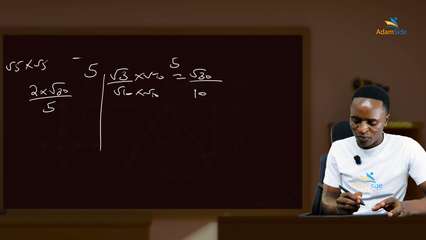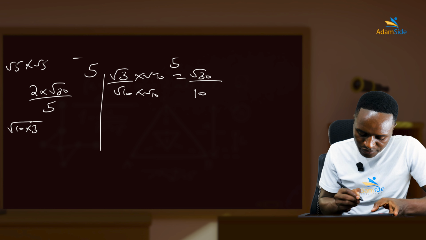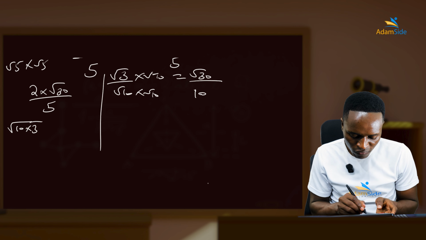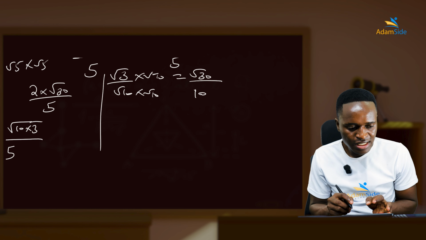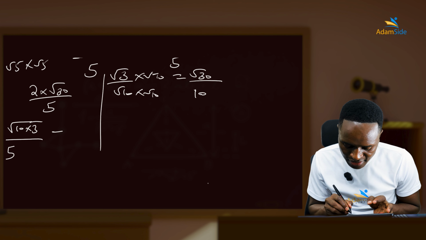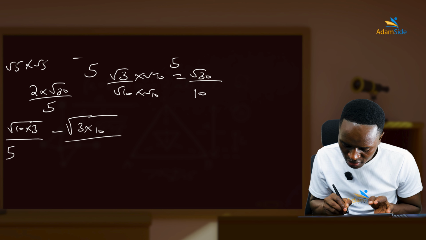Here we have 2 times root 10 times 3 over 5, minus root 3 times 10 over 10.